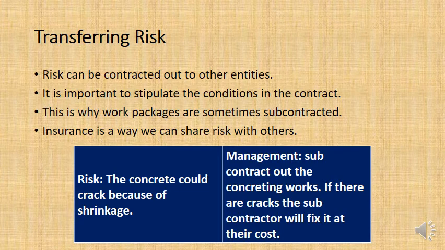This is basically where subcontracting comes into it, where certain work packages, if they are considered high risk, can potentially be subcontracted out. That means the subcontractor is now carrying the risk. It's no longer a risk for the project team, but for the subcontractor.